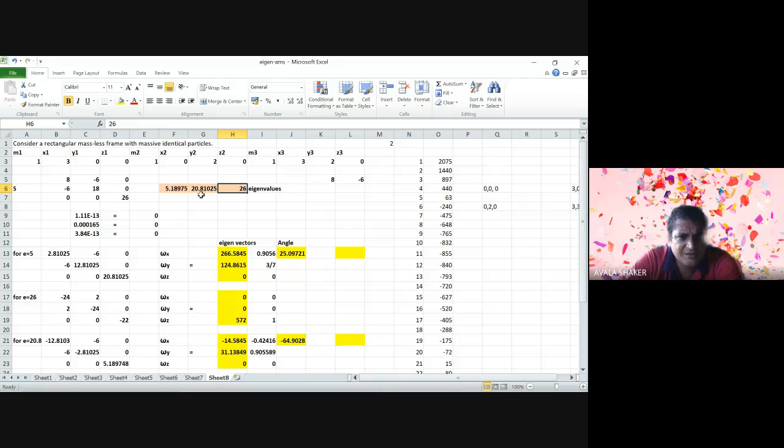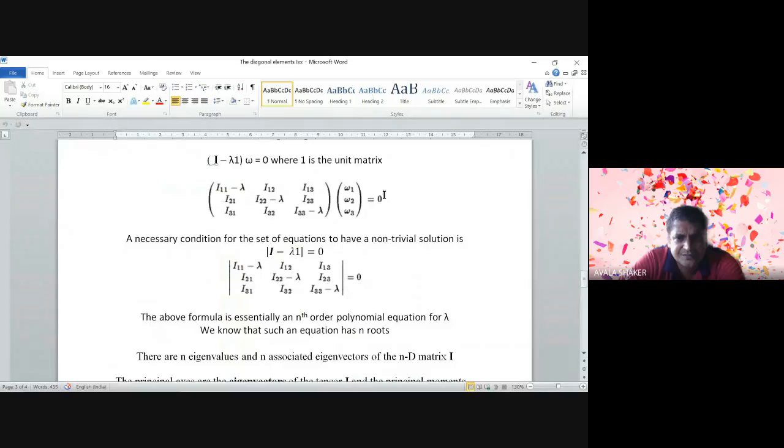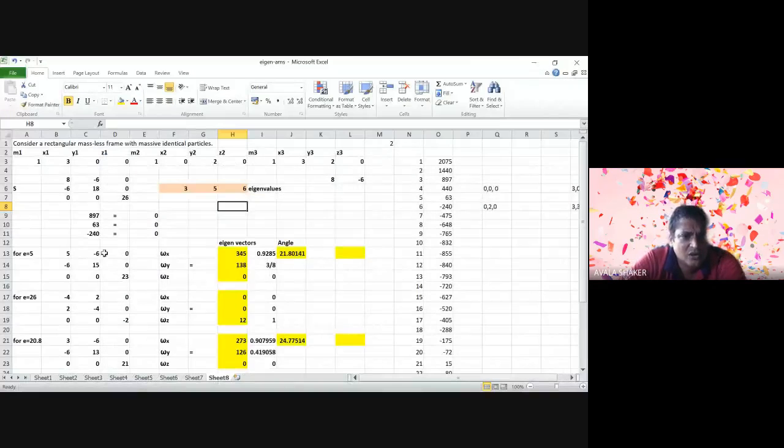Randomly, for this colored one you can put some values; we will see how to choose proper values. Now the right hand side is 0 right here, if you look. For this element, what is this element?